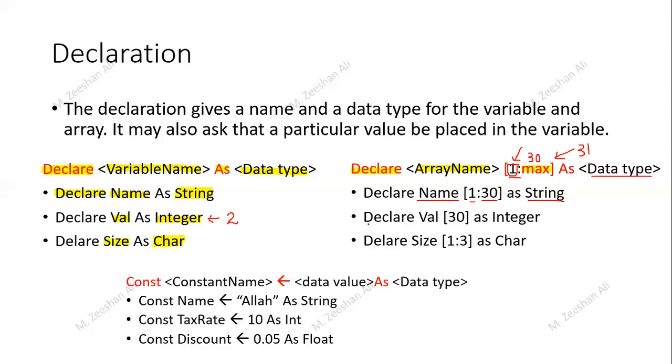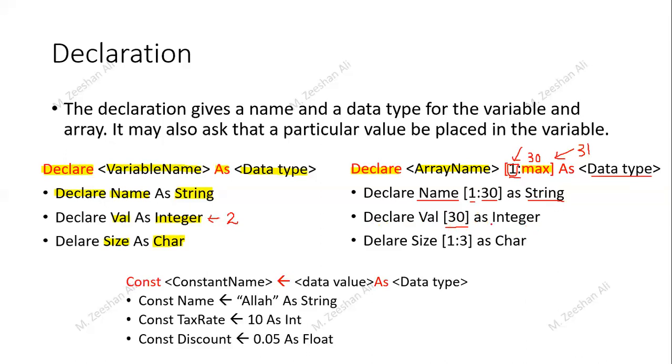The same thing here, you can see declare val 30 as integer. So it is going to store 31 values into it because our array starts from 0 if you are not mentioning 1 colon at the beginning. So it will be having 31 values, and the first value will be 0, then 1, then 2, then 3, and so on.